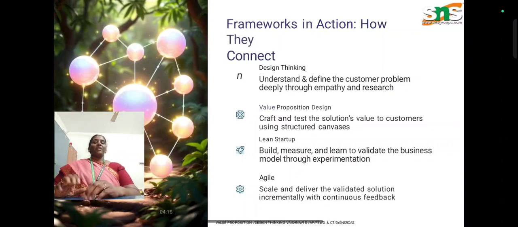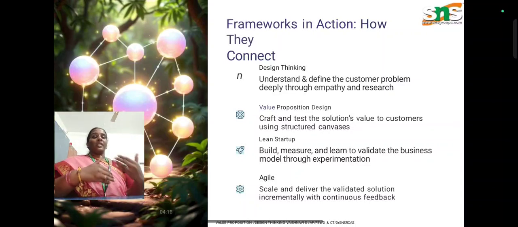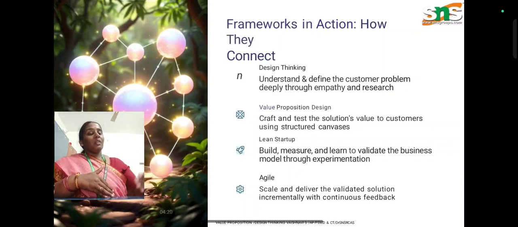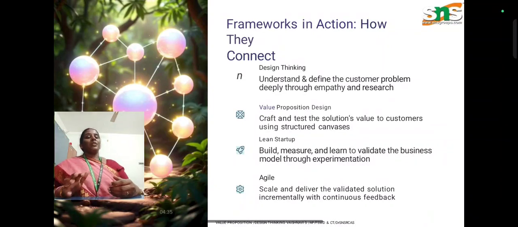So these are the frameworks of how to connect with the customers and also with the business people. First, design thinking to understand the customer problem deeply through empathy maps and research. Value proposition design is a solution way to the customer using structured canvases.